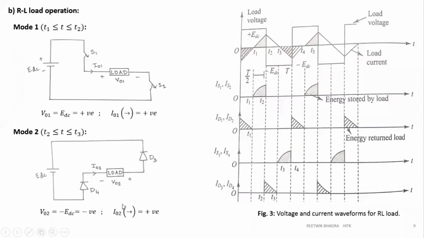It will store the charge when the switches are connected, and when the diodes are there in the circuit, it will discharge. First it will charge through the switches S1 and S2, then it will discharge through some diodes, then it will again charge through S3 and S4 and again discharge through the diodes.